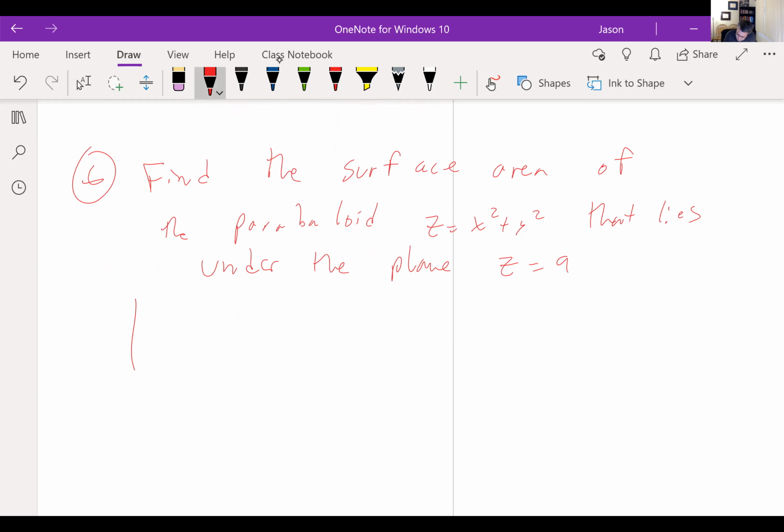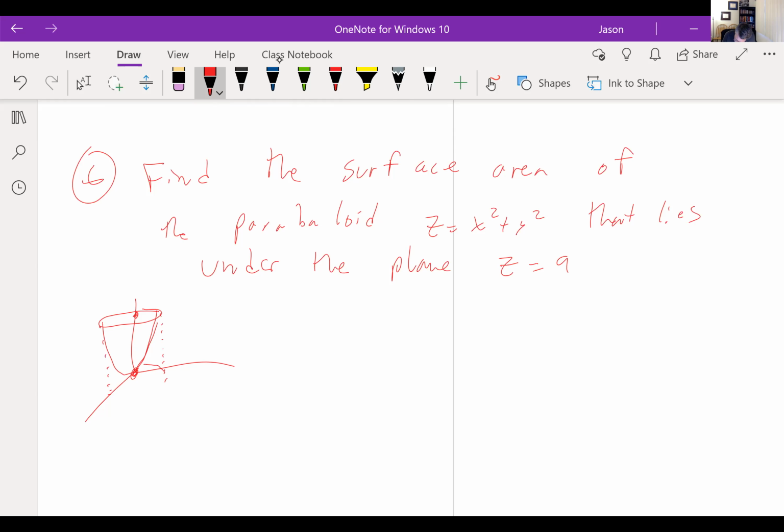We've got this paraboloid here, and z equals 9. So at z equals 9, what is the domain, the shadow of the domain here?